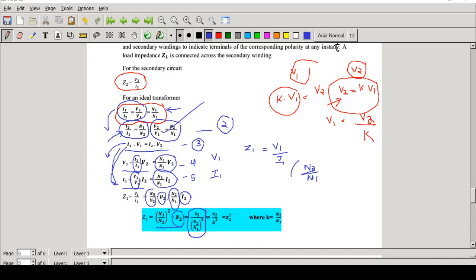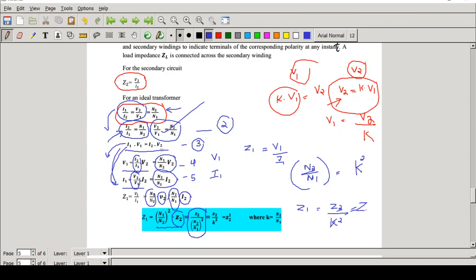N2 by N1 the whole squared is K squared. So it is basically Z2 by K squared. So what I am getting is Z1 is equivalent to Z2 divided by K squared, which is equal to Z2 dash.